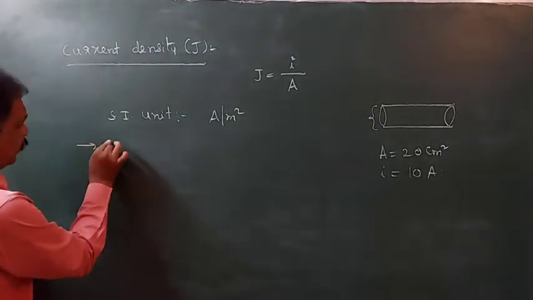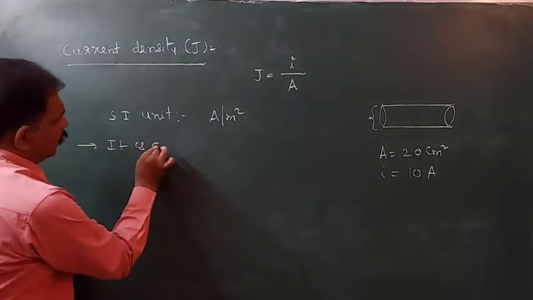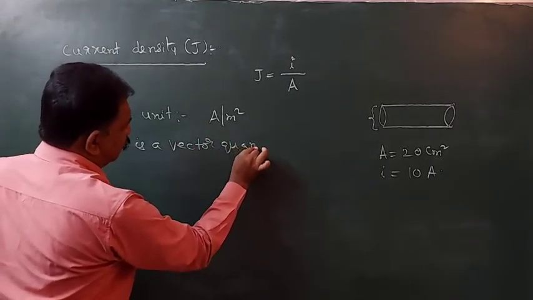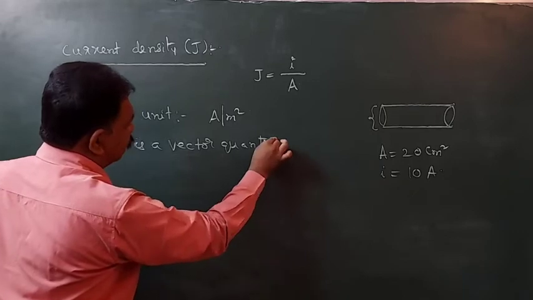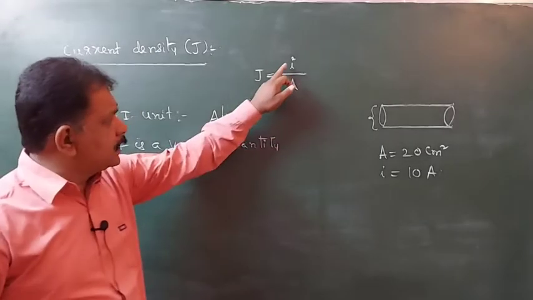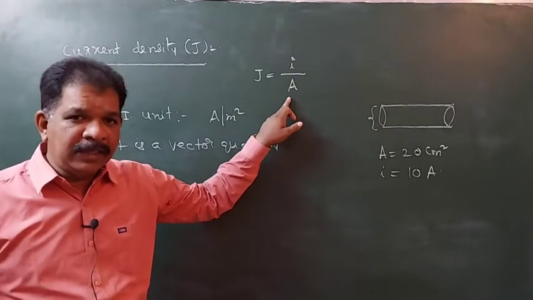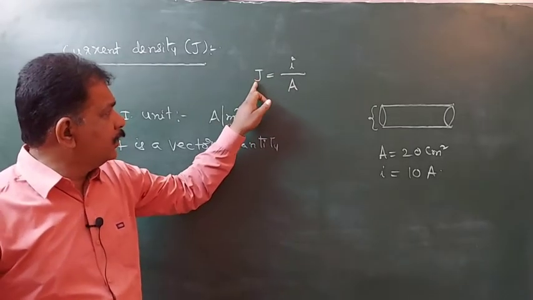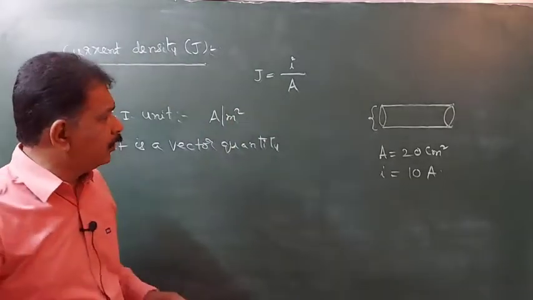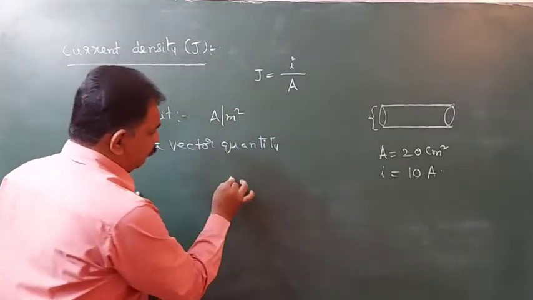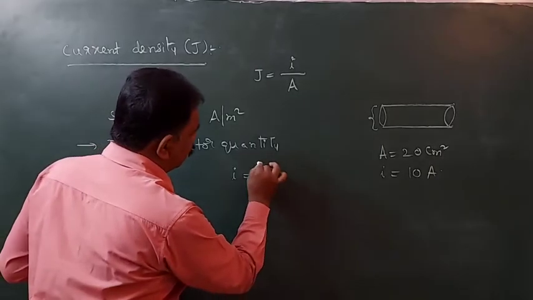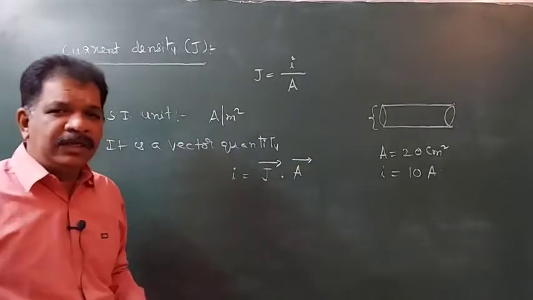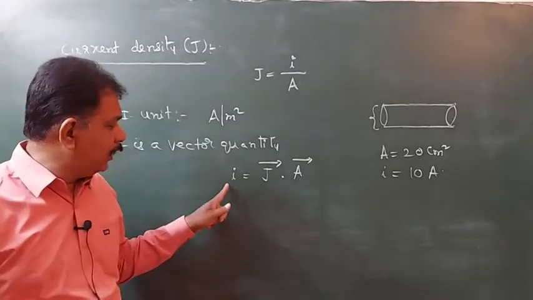Next, it is a vector quantity. Current is a scalar quantity, but area is a vector quantity here. That's why J is a vector quantity, and sometimes they will give the current density vector and the area vector and ask to find the current.